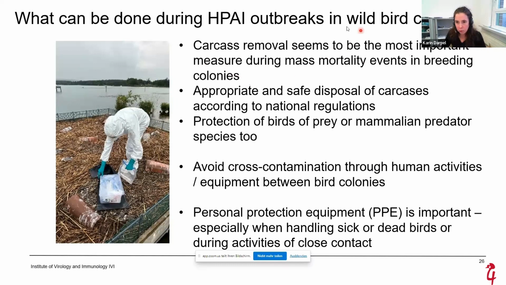This is partly to protect the colony itself, because certain gull species can actually pick on sick or dead animals. And obviously you are also protecting birds of prey or mammalian predator species, which might otherwise have a feast on the carcasses.